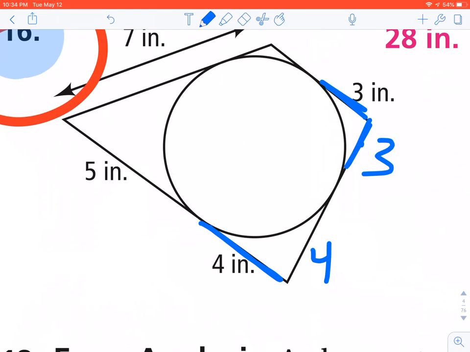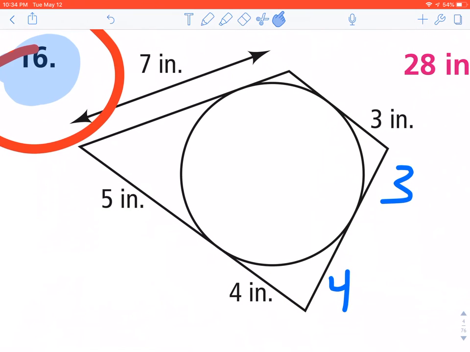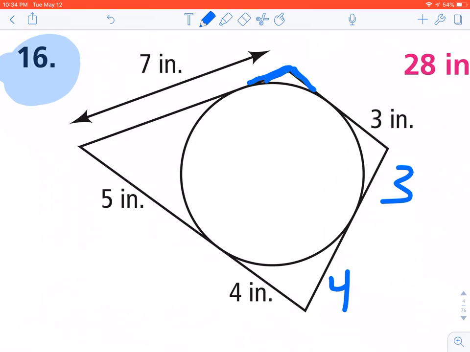Now it gets tricky because they're asking for the perimeter of the entire figure here. Well, if this whole thing is 7, let me back up. The part that I need to figure out is this right here. I don't know enough information there to know really this piece is what I need.